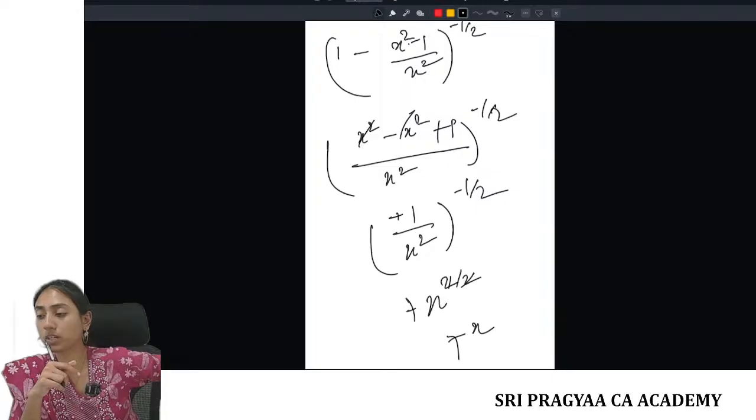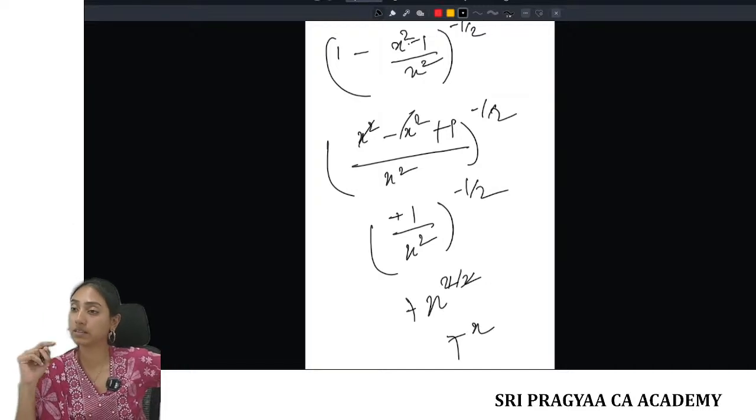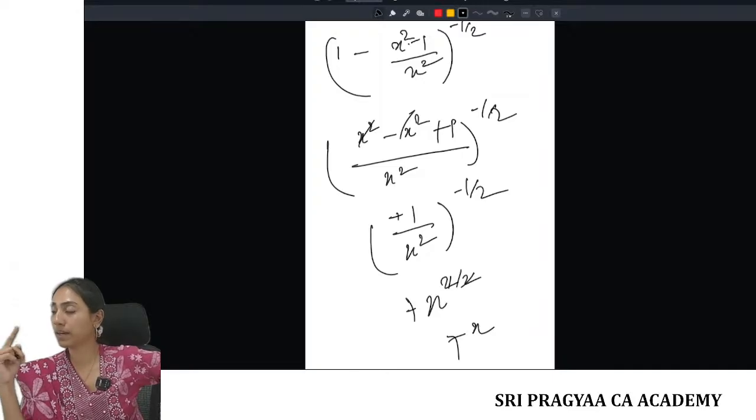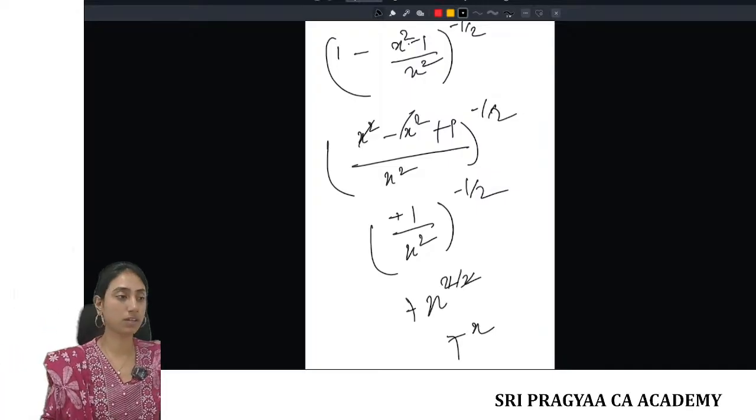x is equal to p to the 1 by 3 minus p to the minus 1 by 3, the whole cube. So basically they've given you this formula.